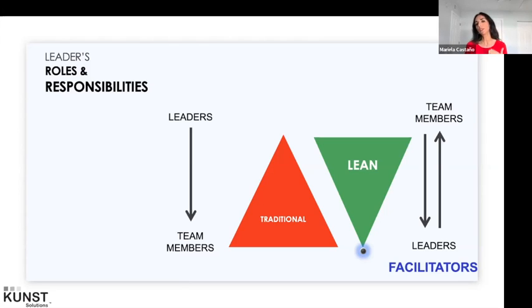You cannot control every single mechanic of your equipment. You cannot control every output of your suppliers. You cannot control every movement of your team members. But what you can control is the enablers that you're giving to your organization to be successful. Next, please.